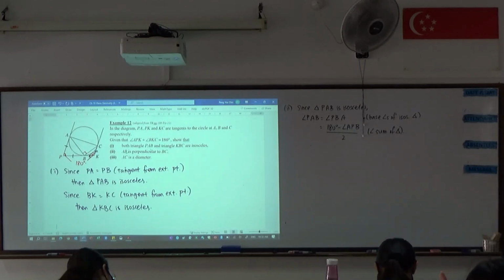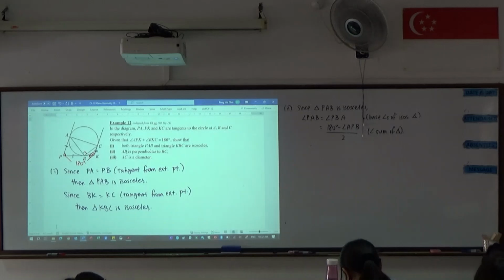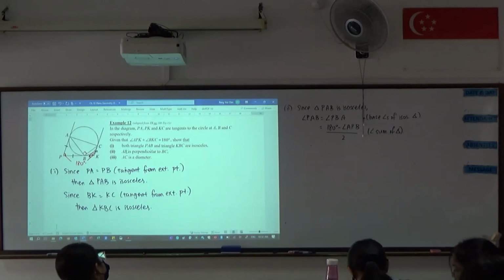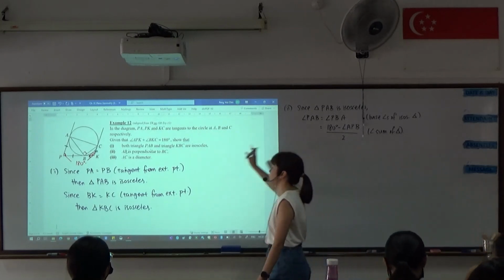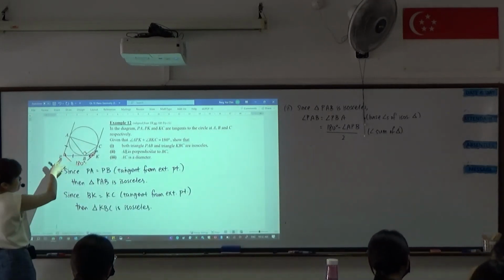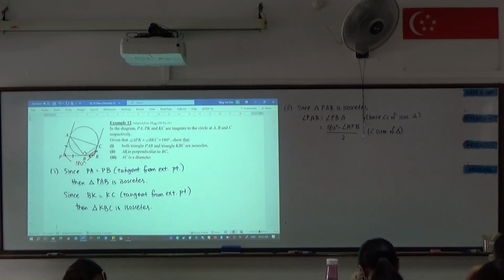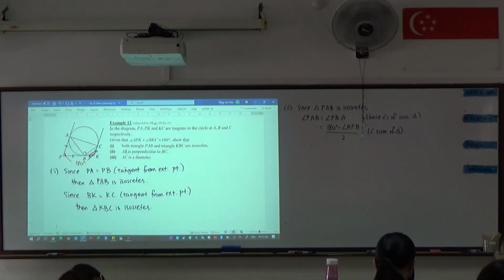First of all, we are aware that triangle PAB and triangle KBC are isosceles. So we can note that the base angle will be 180 degrees minus angle APB, and then divide by 2, using the base angles of an isosceles triangle property as well as the angle sum of a triangle property.